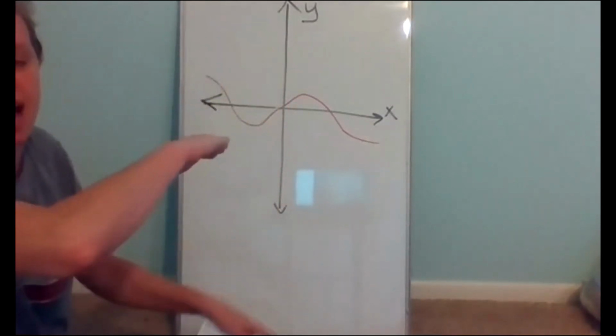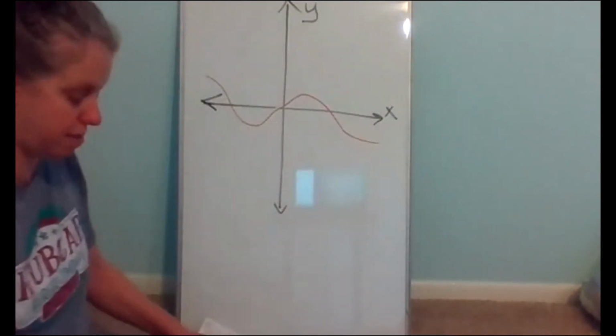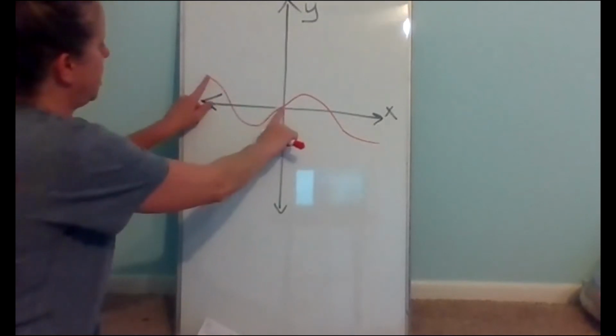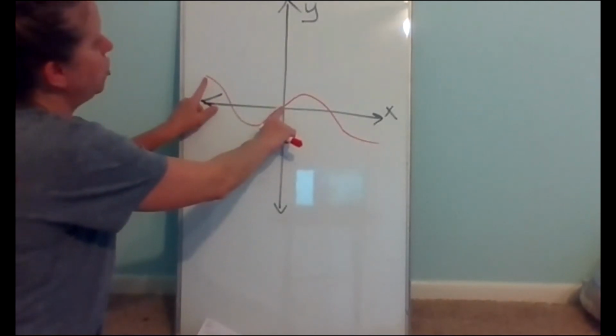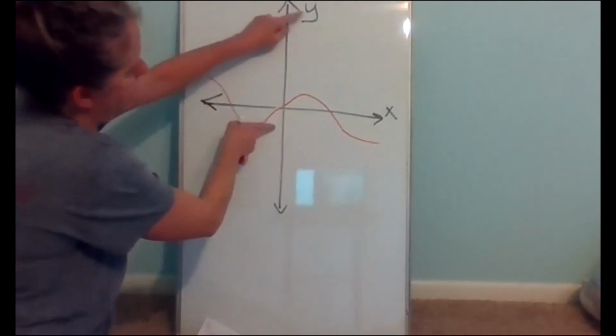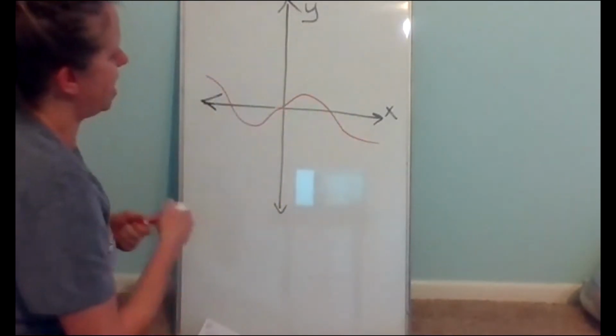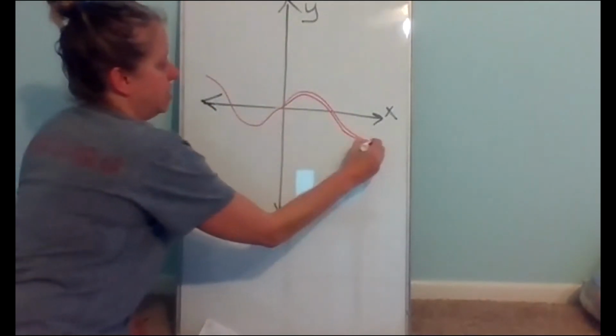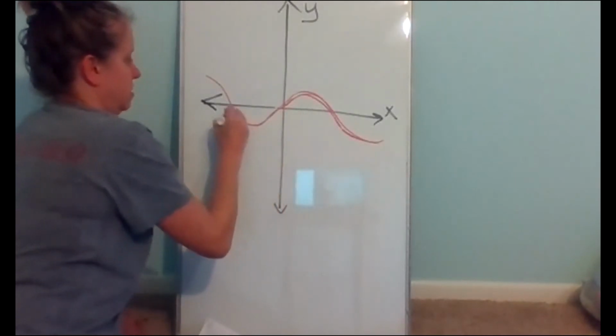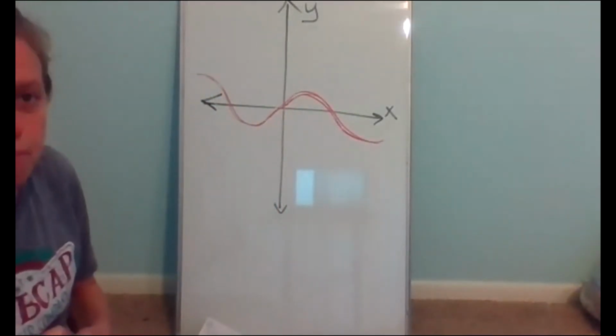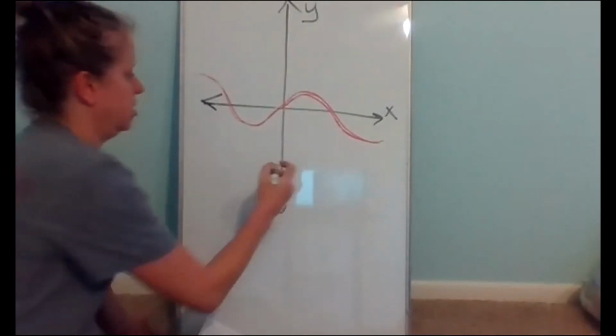So it's not just in half, it's like you had to turn it all the way upside down. So if this part right here was rotated 180 degrees or halfway, it would end up lying on this side of the graph. So that's what symmetrical with the origin looks like.